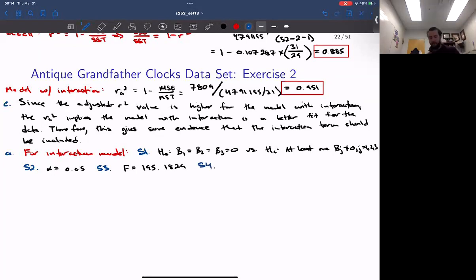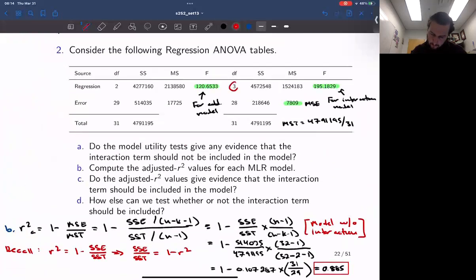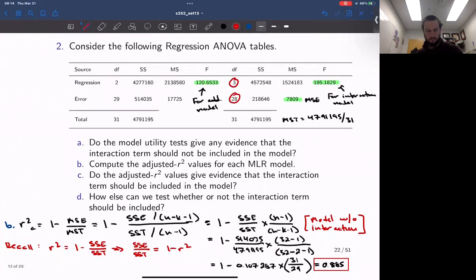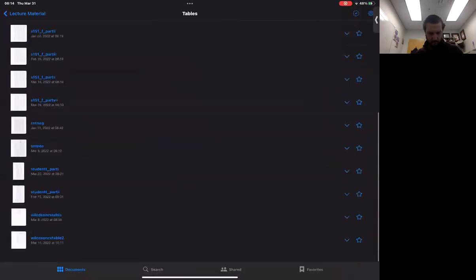On step 4, I can take the critical value or the p-value approach. If I take the critical value approach, I'm going to go to my F table. I'm on 3 and 28 degrees of freedom.